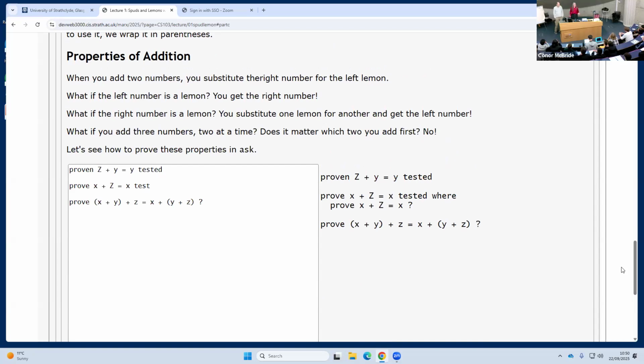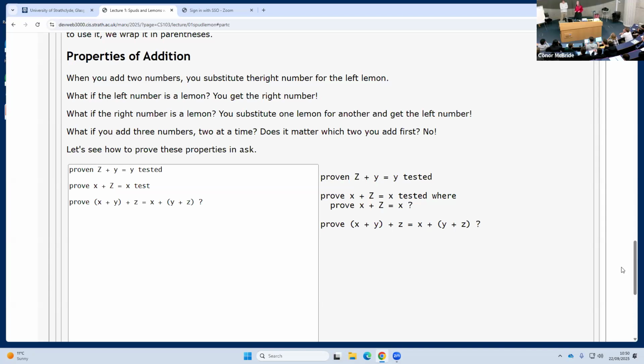Because the first input isn't obviously 0 or a successor, that computation is stuck. So testing isn't enough to prove the equation when the zero's on the right.